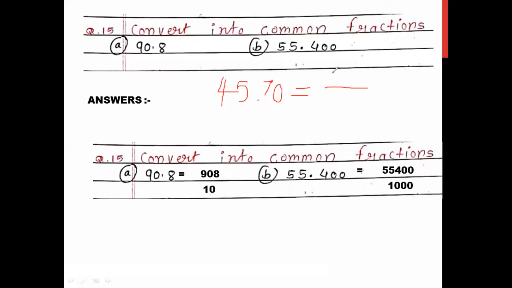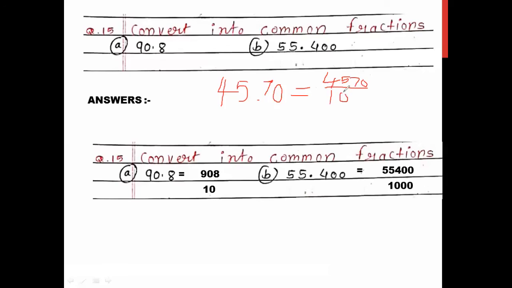So number will be 4570. And how many decimal places? 1 and 2. 100. So, yes, right.